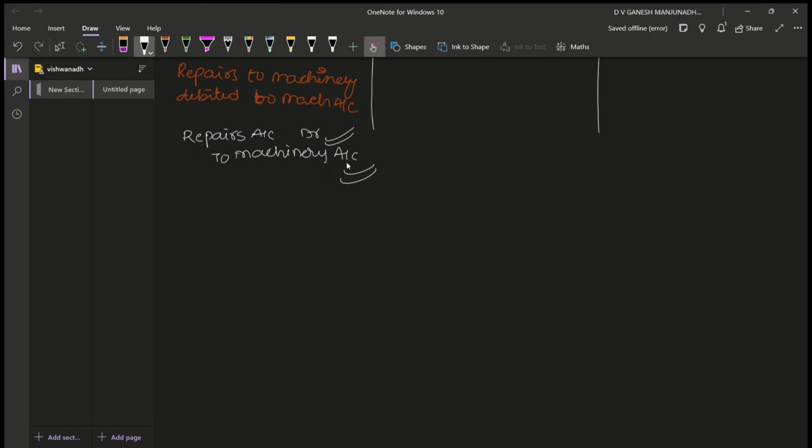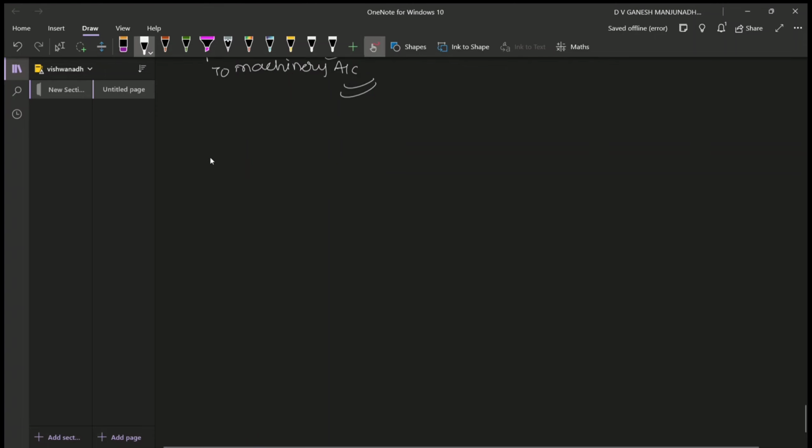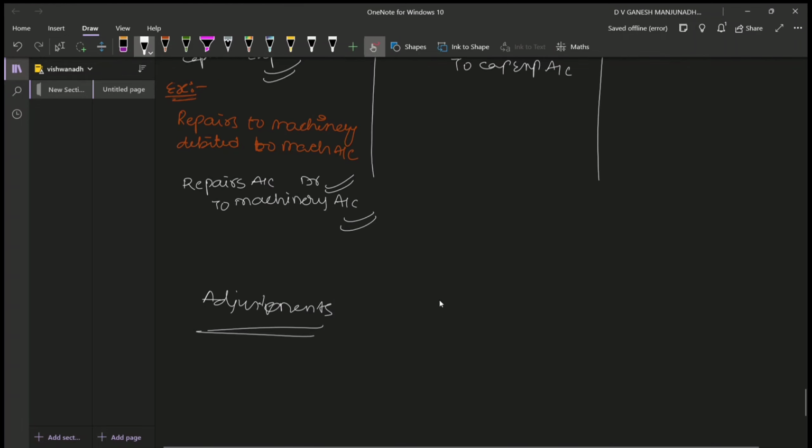This is to be done, and of course it is also to be shown in adjustments. When it is given in adjustments, what would we be doing? It is simply to be debited to profit and loss account, because this is an indirect expenditure.